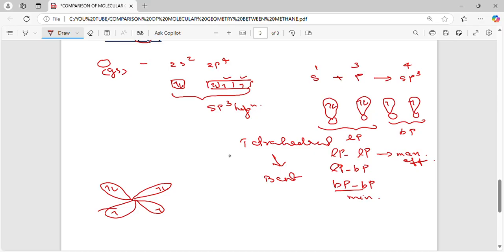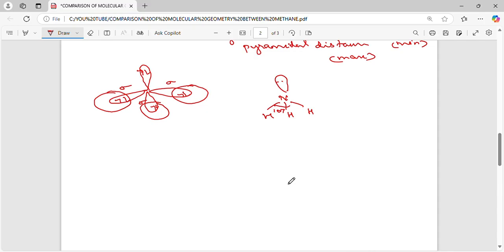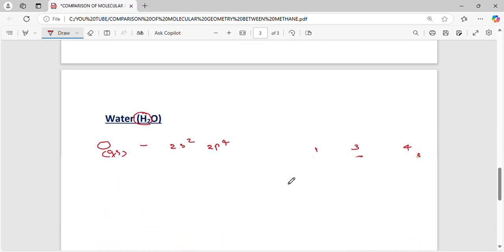And the hybridized orbitals present in this oxygen with one electron overlap with the hydrogen atom. Hydrogen is sharing its electron with the oxygen atom, so that we get oxygen with 2 hydrogen atoms. It forms sigma bonds, with 2 lone pairs and 2 bond pairs. So here in ammonia, 1 lone pair and 3 bond pairs.